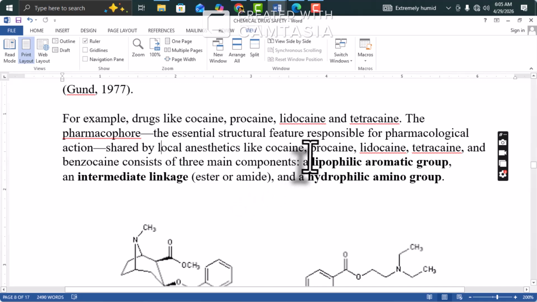The number one is a lipophilic aromatic group. Then it must have an intermediate linkage, and then it must also have a hydrophilic amino group. So let's look at all of them and see whether they have these three components. These three components make up the pharmacophore for the cane family.